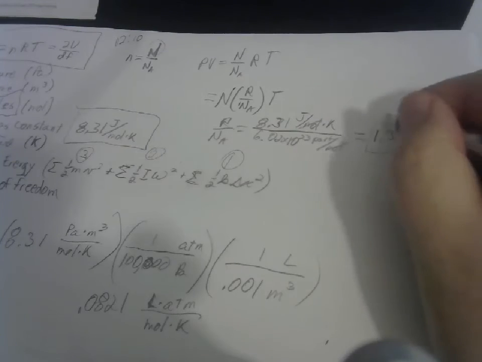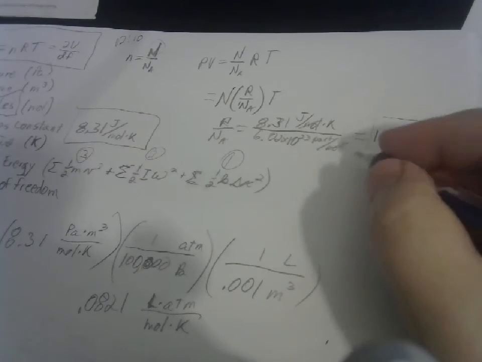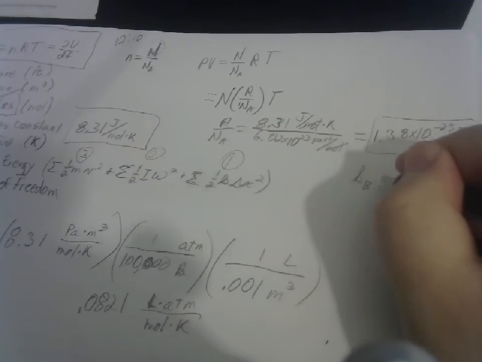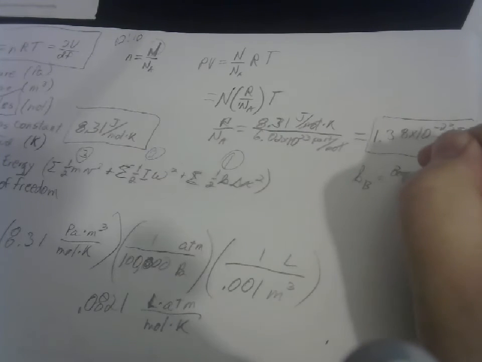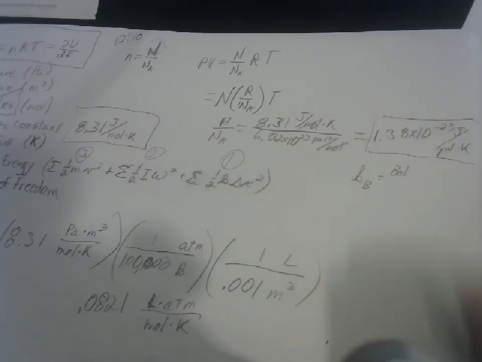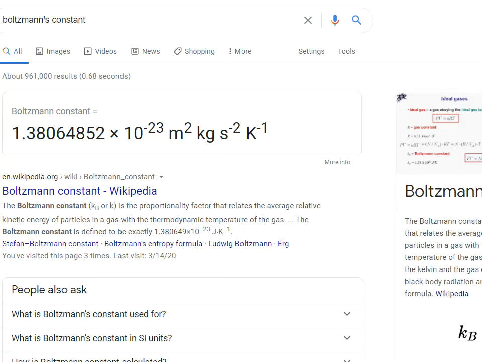And this actually has a name. It is called K sub B, or Boltzmann's constant. I think it's Boltzmann's constant, is it? Yeah, right there, Boltzmann's constant. 1.38 times 10 to the negative 23rd meter squared kilogram per second squared Kelvin.